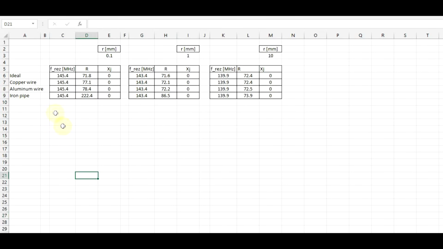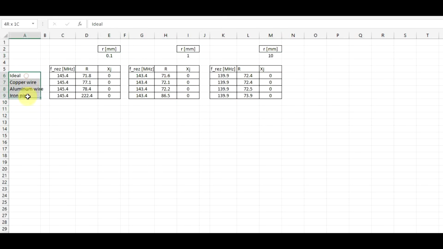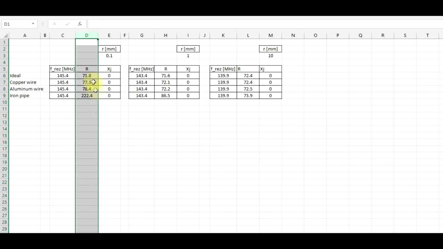And if we look at this data, what I have here is a simulation for the 3 more realistic thicknesses with 4 materials, so the ideal one, copper wire, aluminum wire and iron pipe, and I summarized the resistance that the simulation gave us. So the loss resistance in all of these cases will be the ideal radiation resistance minus whatever value we got.